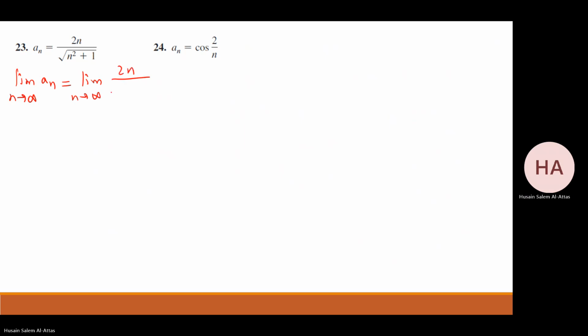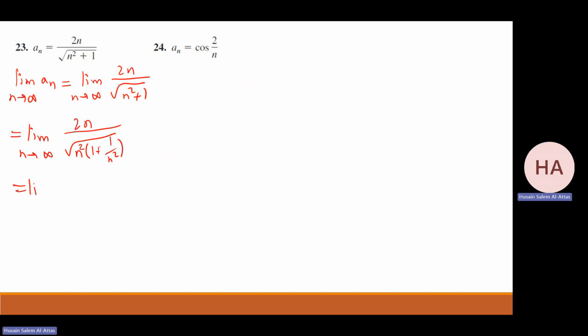I can deal with the function or I can deal with it directly. The limit as n goes to infinity: I have 2n, and here I can take n as a common factor, so I have n squared as a common factor inside the root, giving 1 plus 1 over n squared.